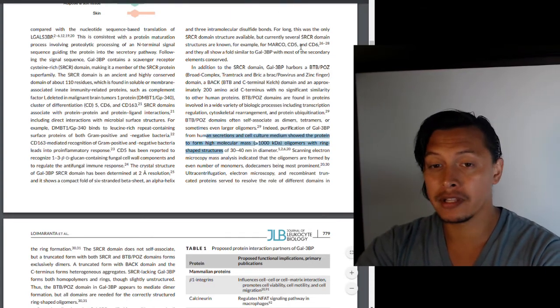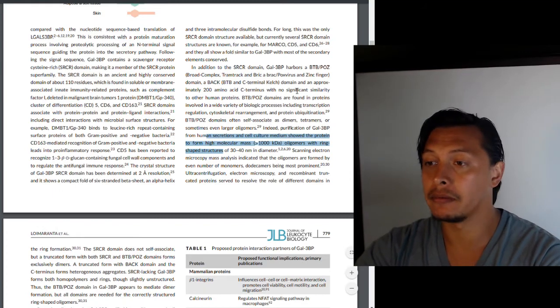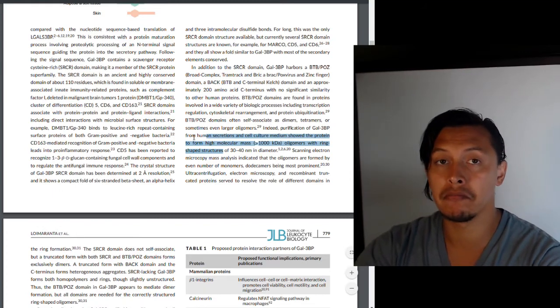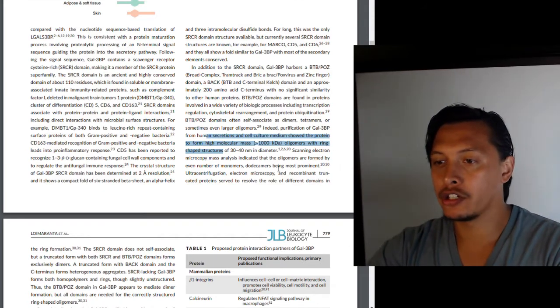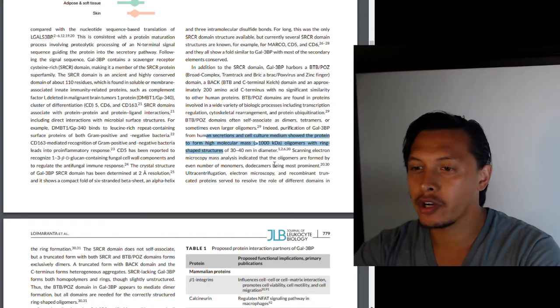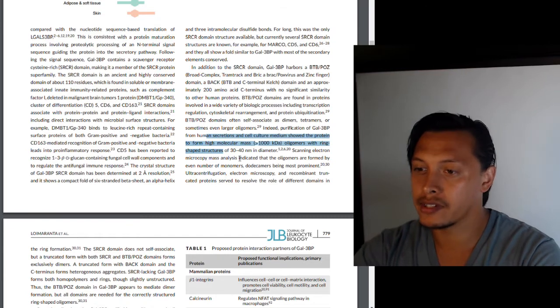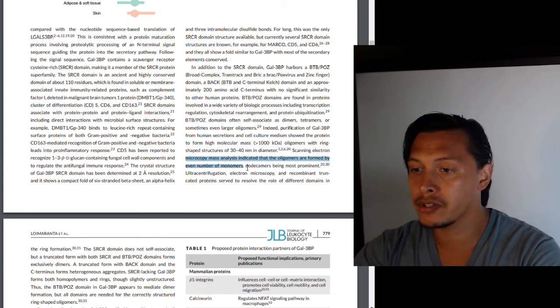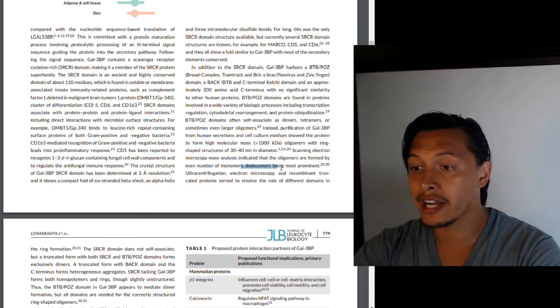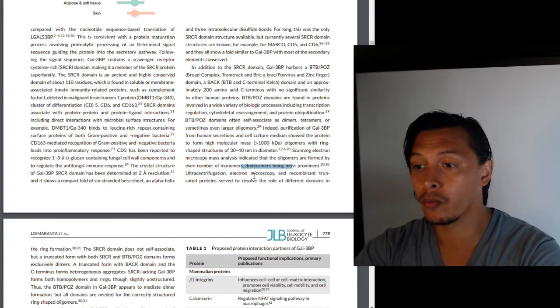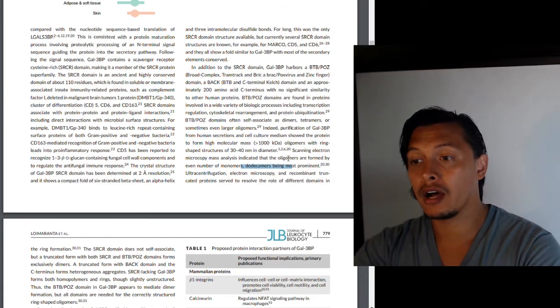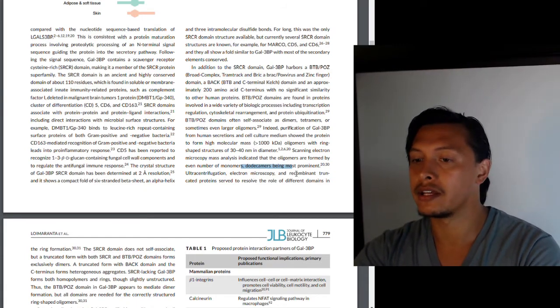And by forming these rings, they might theoretically have a completely different function from the monomeric form. Scanning electron microscopy mass analysis indicates that oligomers are formed by even numbers of monomers, and the dodecamers are the most prominent. So having 12 of these come together to form a ring is the most prominent type of ring that they see.